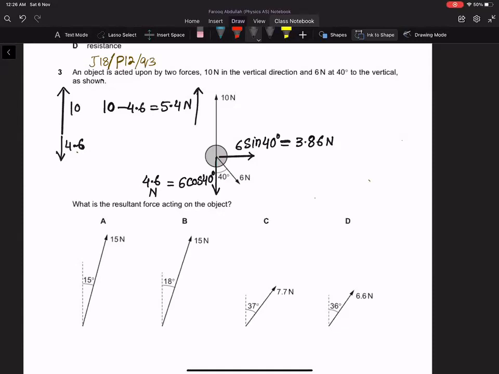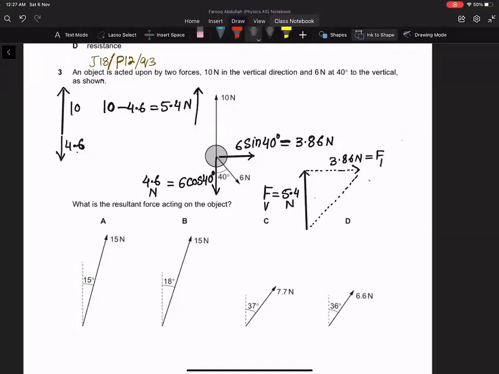Now, F vertical is 5.4 Newton and F horizontal is 3.86 Newton.